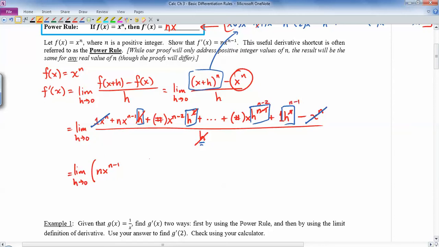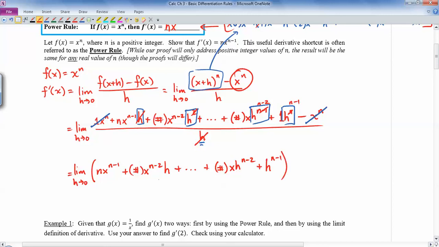And so what I'm left with is nx to the n minus 1 plus some number times x to the n minus 2 times 1h, because I used to have two h's, plus dot dot dot, plus some number times x h to the n minus 2 plus, and then 1 h to the n turned into 1 h to the n minus 1 after I canceled out the h.